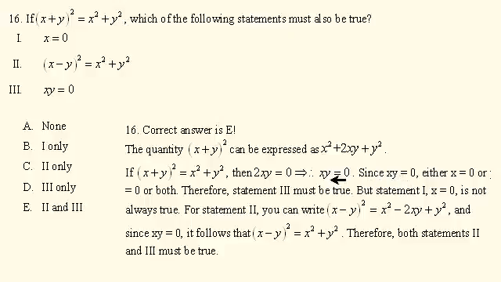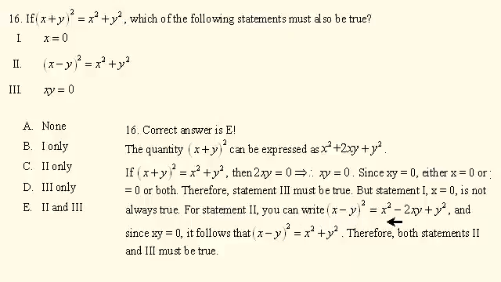And since this is so, it is confirmed that Roman 3 is a true statement. Since xy is equal to 0, either x is 0 or y equal to 0 or both. Therefore statement 3 must be true. But statement 1, which is x equal to 0, is not always true.